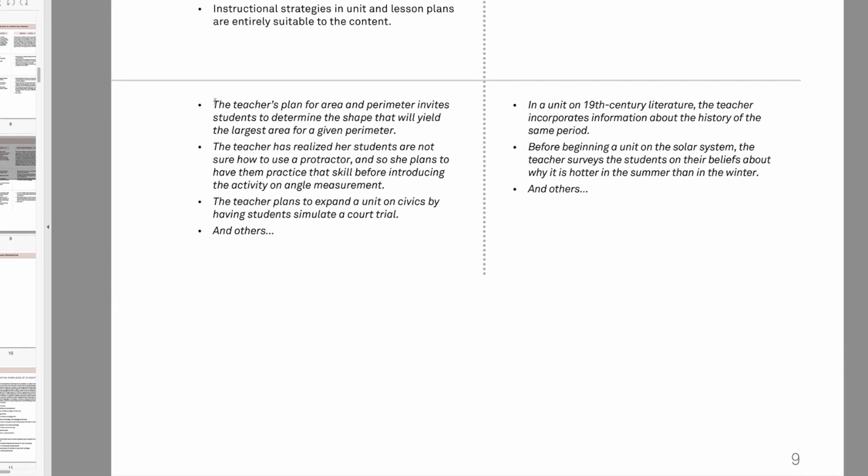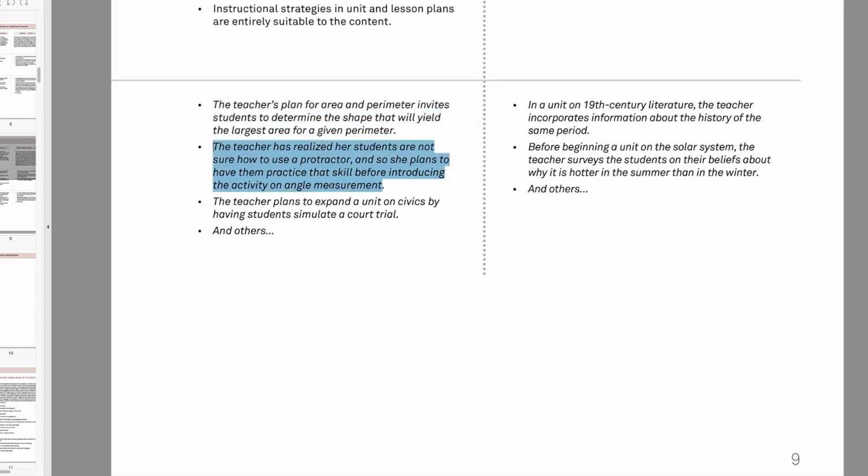I like to go to the actual, what teachers would do. Like here, you can see the teacher's plan for area perimeter invites students to determine the shape that will yield the largest area for a given perimeter. So they're giving you a math example here. The teacher has realized her students are not sure how to use a protractor, and she plans to have them practice that skill before introducing an activity.